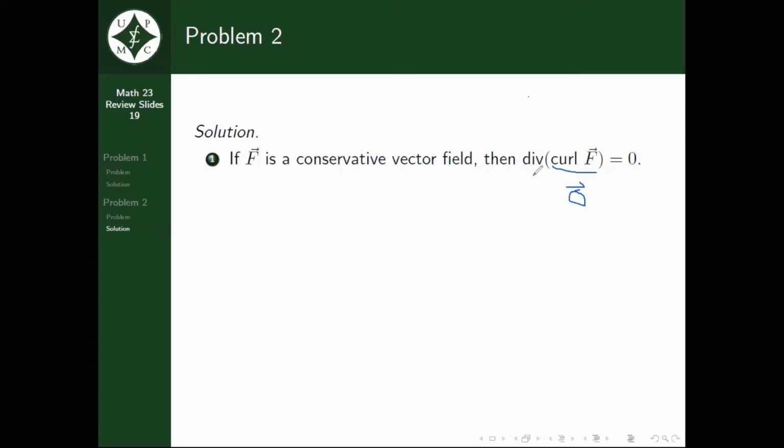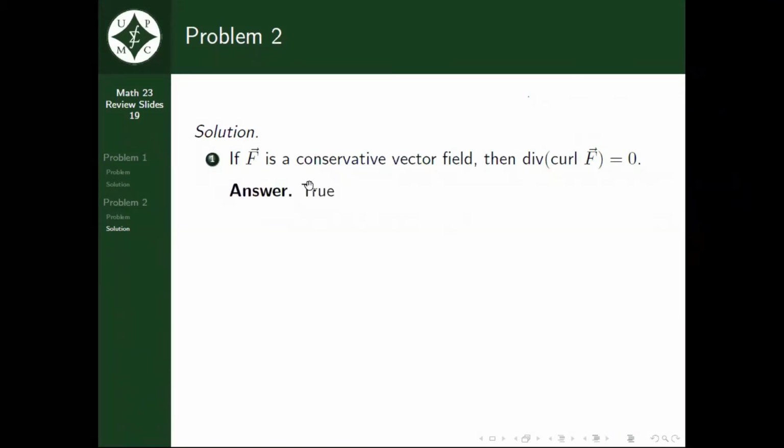And then the divergence is simply the dot product of del and F. In this case, our vector field is the zero vector. So the divergence of the zero vector is zero, because the partial derivative of zero is zero. So you're just adding zero three times: 0 plus 0 plus 0 is equal to 0. So this is true.